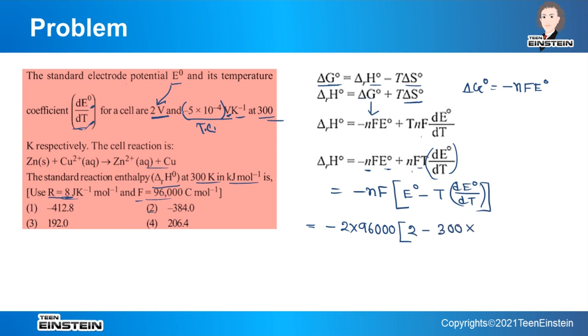There is a negative sign in the temperature coefficient, so it will be positive. So 300 into 5 into 10 to the power minus 4.